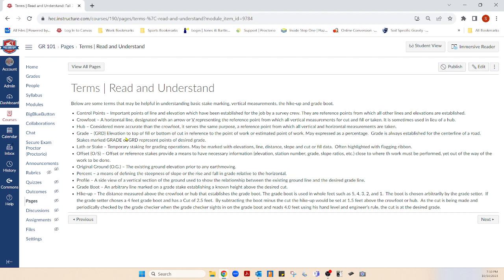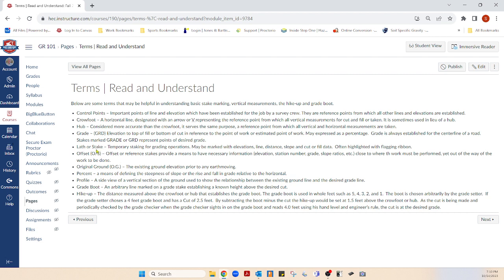We'll get into what we call arbitrary benchmarks, like you start a pretty simple site. You can just drive a stake in the ground, and call the top of it 100 foot, and then everything will be relative to that, if it's not a complicated site that you're staking out. So, and that will become clearer as we go.